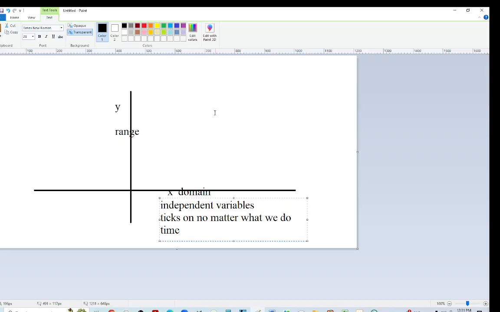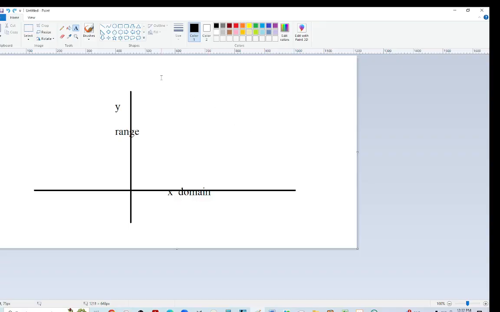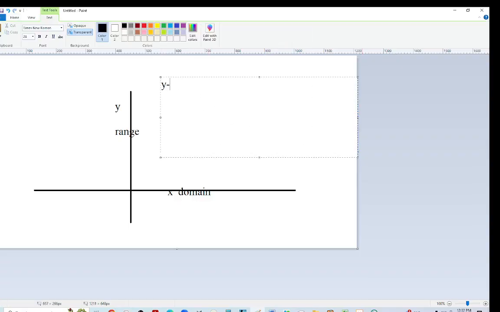The y-axis is called a dependent variable. And that just means it depends on what x is to determine what y is. And this makes sense when you look at all the equations. It's y is equal to something that happens to x.